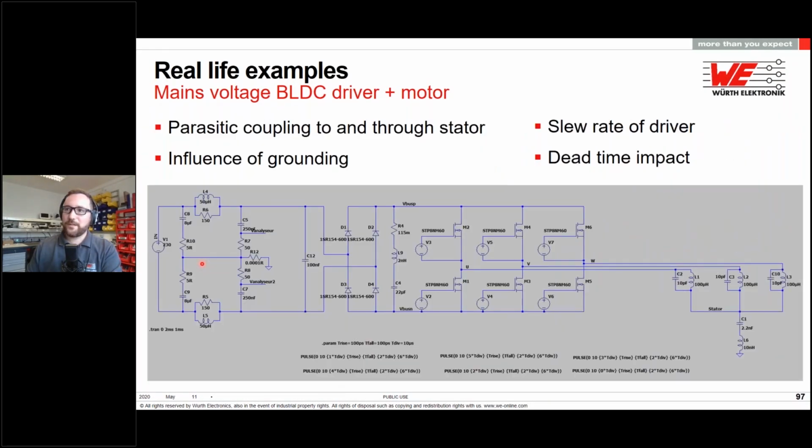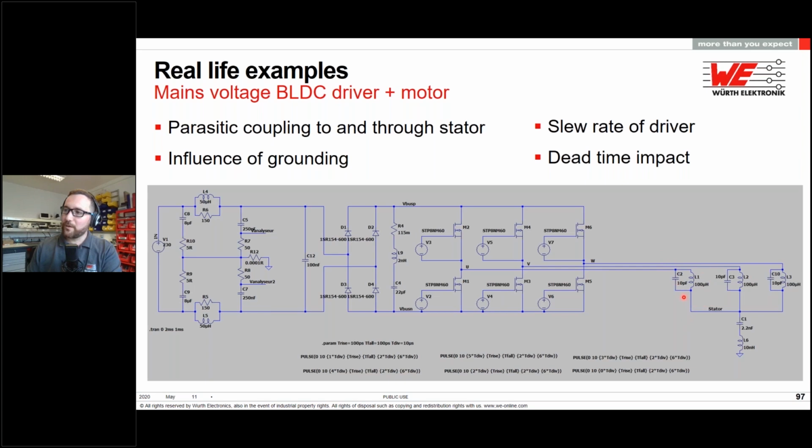The BLDC presentation is a bit more complicated. The first thing you can see is that I'm using a lot of parameters to step through different rise time and fall times and driving frequency. The other thing which is quite complicated is to model the parasitic coupling of the inductor of the windings to the stator, because we see that there is a lot of contribution here, not only from the differential ripple that we see on the voltage V bus P, V bus N, but also from a common mode.